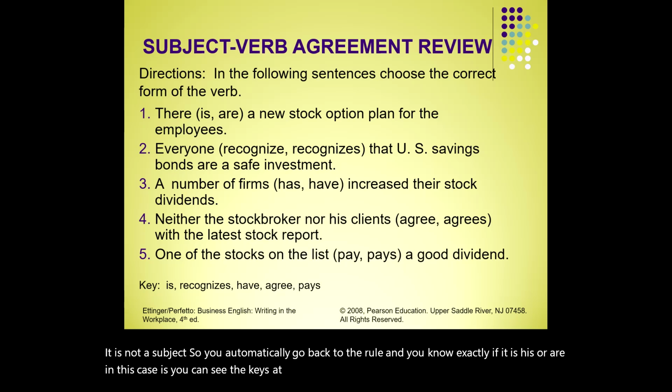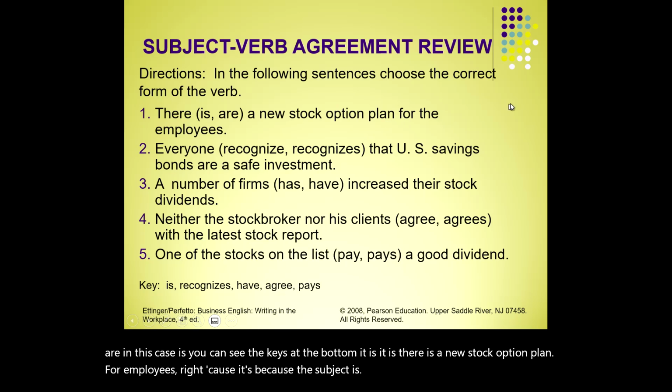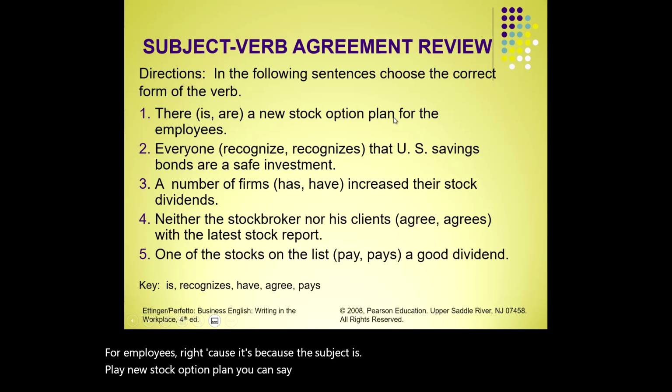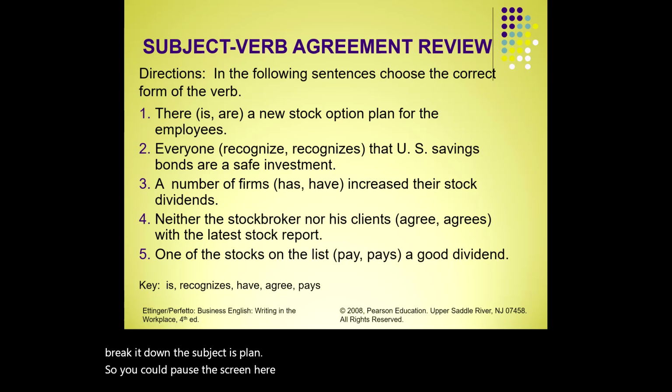It is "is." There is a new stock option plan for the employees, because the subject is "plan." You can say "option plan" is the subject, but really, if you break it down, the subject is "plan." So you could pause the screen here and do this exercise.